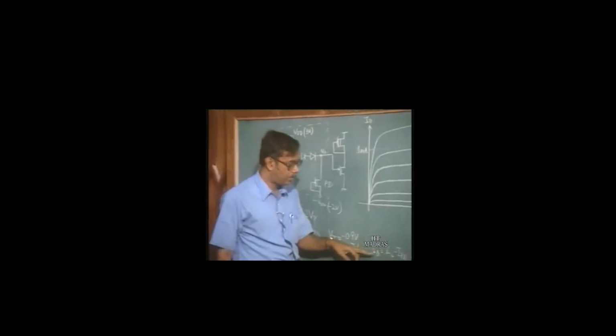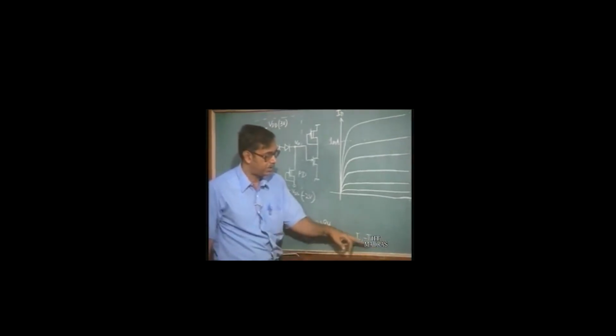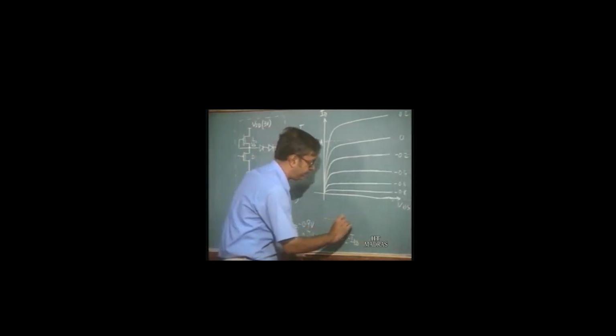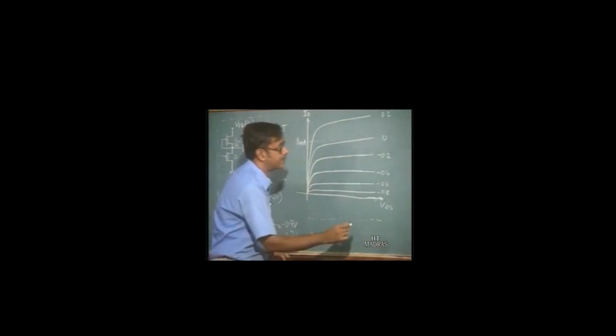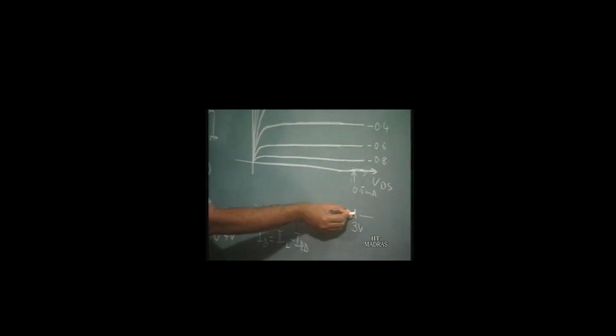So, if you now look at this expression, ID will be IL minus the pull down current, which is 0.5 milliampere. So, to draw the characteristics, what we have to do is shift it down by 0.5 milliampere. So, if this is say 0.5 milliampere, now we have to take the VDD, say 3 volts, and draw the characteristics from here.